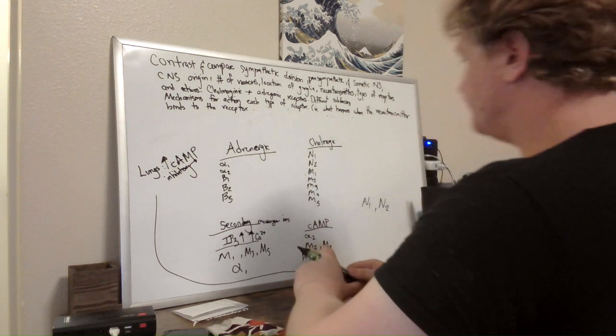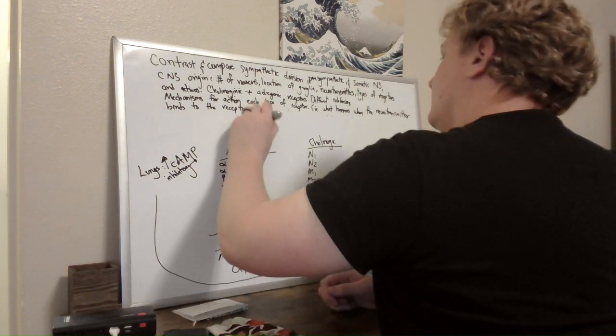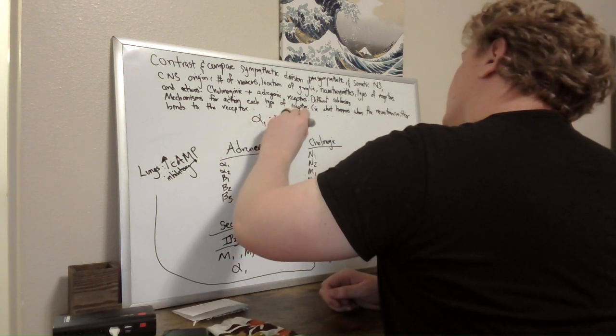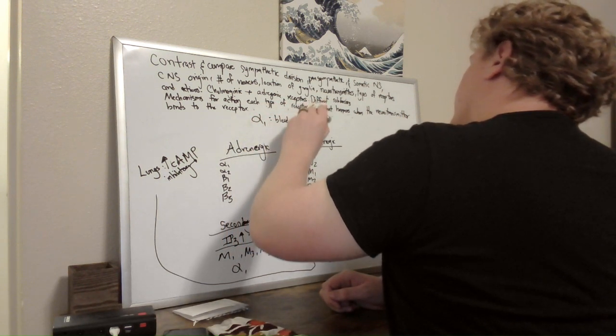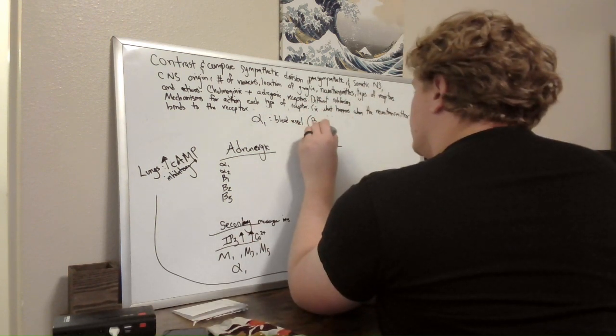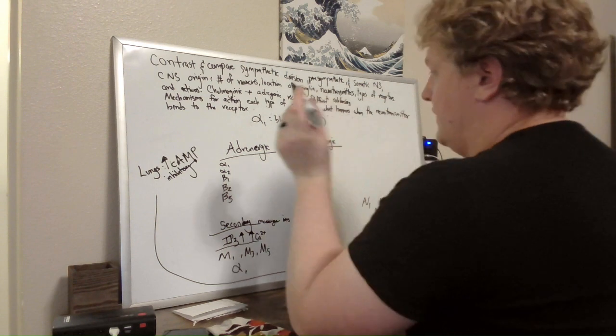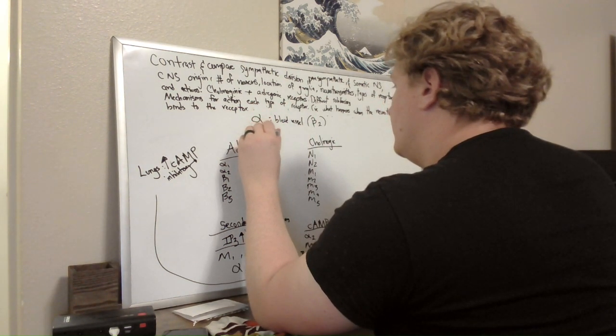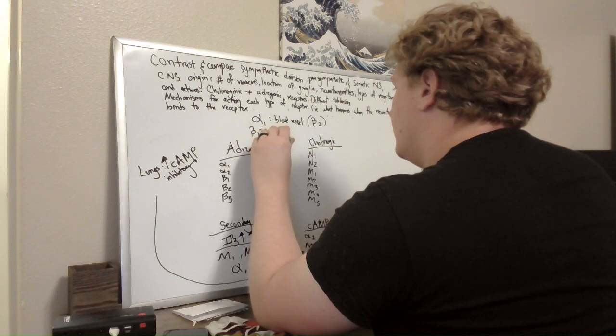Alpha 1 is related to blood vessels, unless we're talking about blood vessels inside skeletal muscle, then you're looking at beta 2. Beta 1 is going to be the heart.